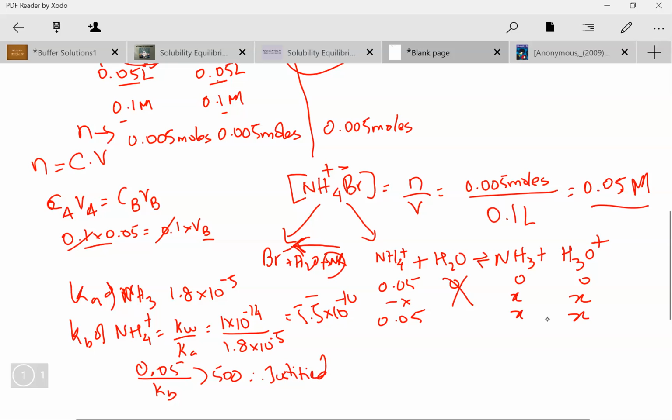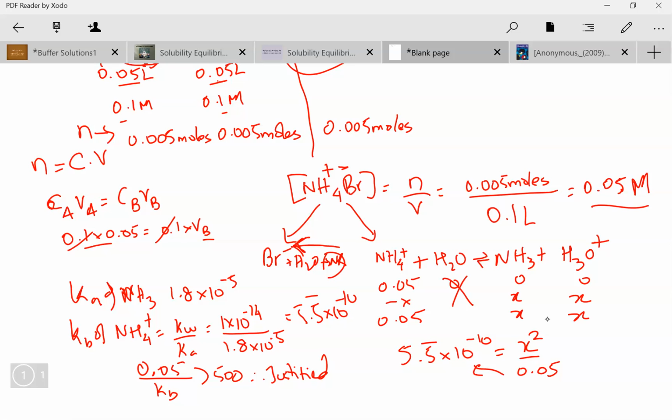And therefore I can just, next step, set up 5.55 times 10 to the power of negative 10 equals x squared divided by 0.05. Multiply Kb times 0.05, take the square root of that, and I get x equals H3O plus concentration equals 5.27 times 10 to the power of negative 6.